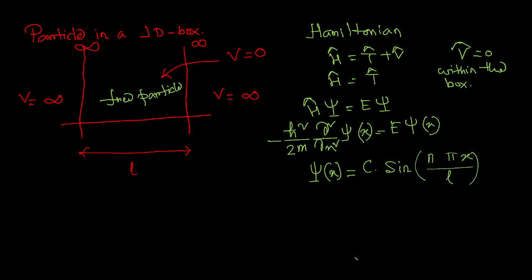But this is not yet final. The thing is that in quantum mechanics, if you get a wave function, for the wave function to be valid, it should be normalized within the limit. So normalization is needed. Within 0 to L, we have to normalize it.